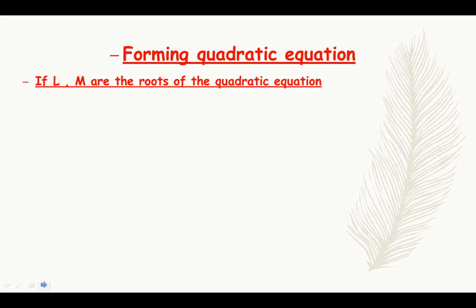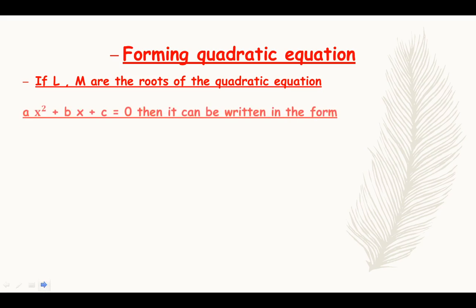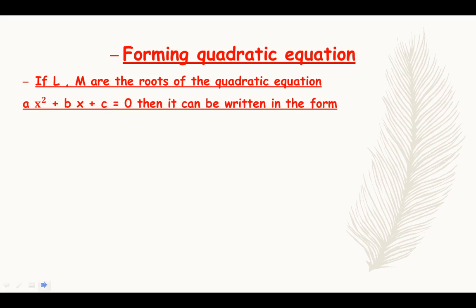If L and M are the roots of the quadratic equation ax power of 2 plus bx plus c equals 0, then the quadratic equation can be written in the form x power of 2 minus sum of roots multiplied by x plus the product of the roots equals 0.